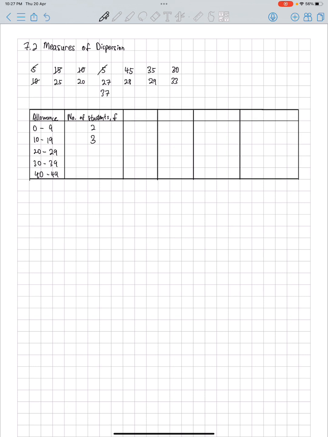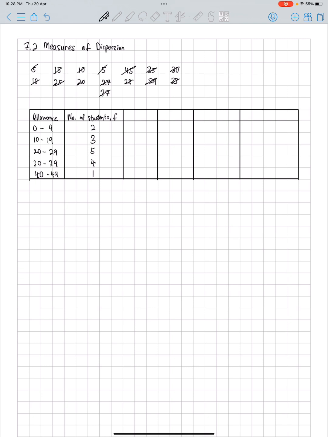Then 20 to 29, 20, 27, 25, 28, 29. So we got 5 frequency here. And then 30, 33, 35 and 37. So we got 4. And the last one 45. So here we got 1.